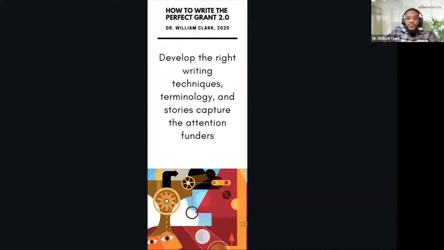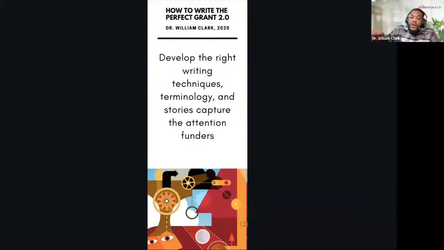Next up, develop the right writing techniques. We talked about some of those. Terminology. So you got to have the terminology down relative to the subject matter you're writing about, and that's relevant to the funder. Again, if funders can read your stuff and determine you don't have the basic knowledge, and they know that because of the terminology you're using or not using, that can be a deterrent to funding you.